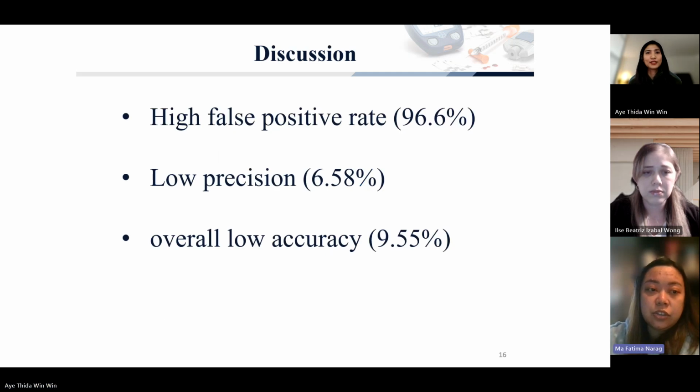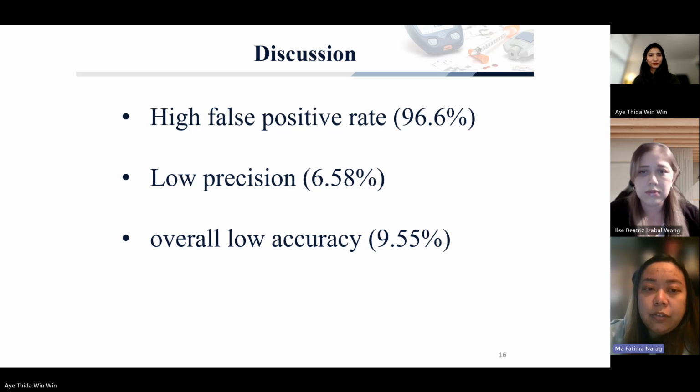So for the discussion, the logistic regression model successfully identifies almost all actual diabetes cases, achieving a high recall of 99.77%. This makes it a valuable tool for early risk detection. Additionally, logistic regression provides interpretability, allowing a clear understanding of how demographic and clinical factors influence diabetes risk.